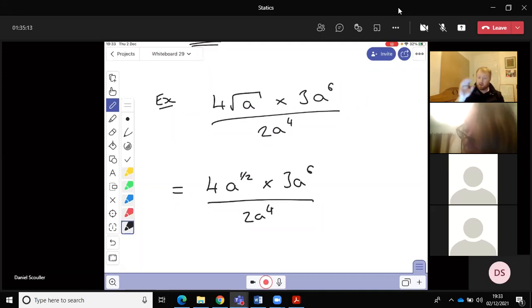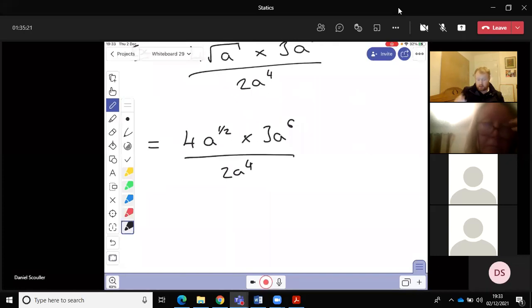And when we're doing our indices, it's easier to have it as a half there. So the power is just taking into account the root. So when we're doing our power of indices, that's going to become 12a to the half plus 6.